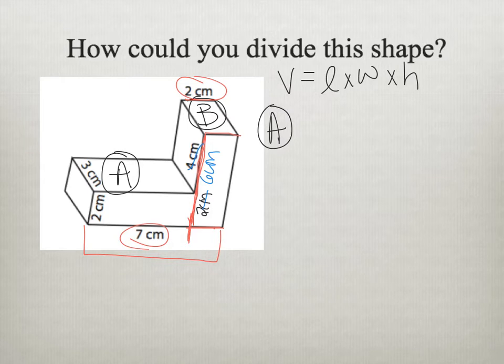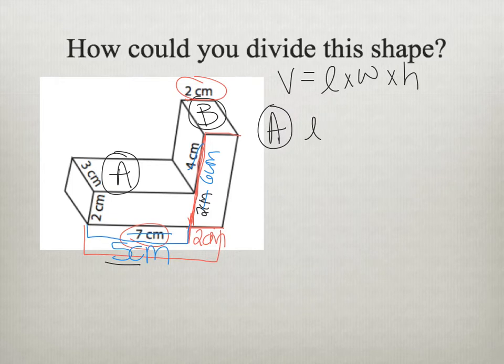So if I know that this part right here is 2 centimeters, and the whole thing was 7 centimeters, if I subtract this amount from 7 centimeters, I can get how much only just this part is. So 7 minus 2 is 5, so I know that from here to here, that is 5 centimeters. So now we can find our volume.